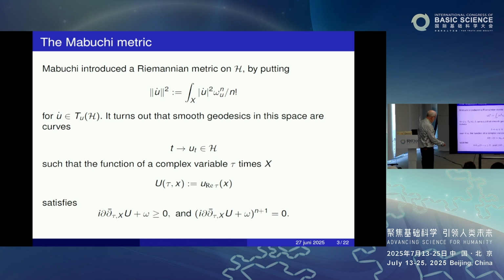So if you take i ∂∂̄ of this function capital U with respect to all of the variables x and τ, so one dimension more, it should be non-negative. And it should satisfy the homogeneous Monge-Ampère equation. So if you raise this form to the power n plus 1, then you should get 0. That's what it means to be a geodesic.